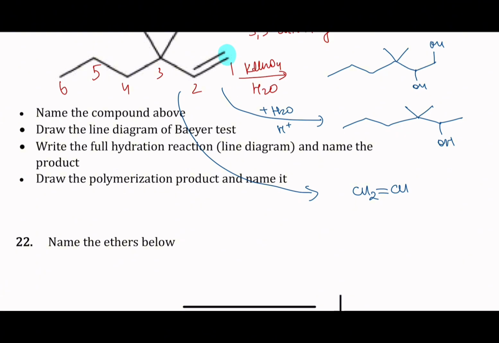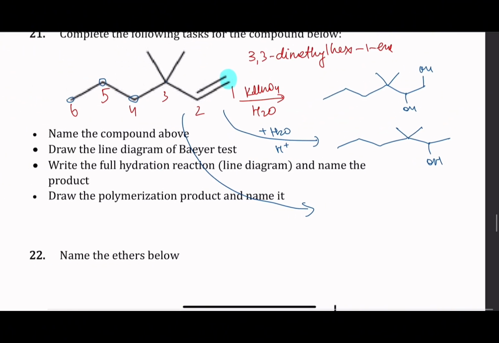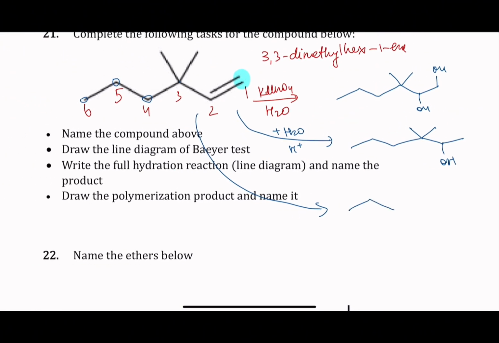So we got, from here, we got 1, 2, 3, 4. So okay, I'm going to draw it in another way for you to be able to visualize. So I will literally draw the structure in here. I'm going to just flip it.